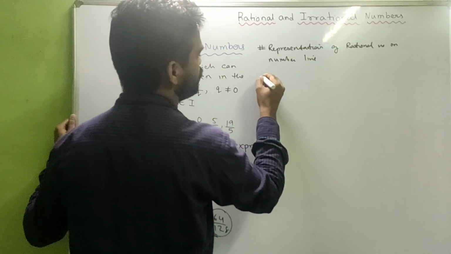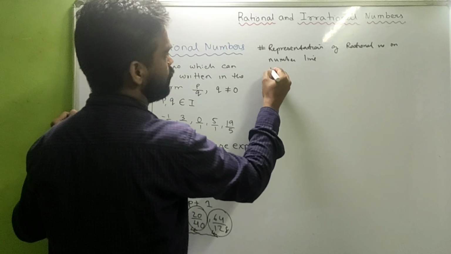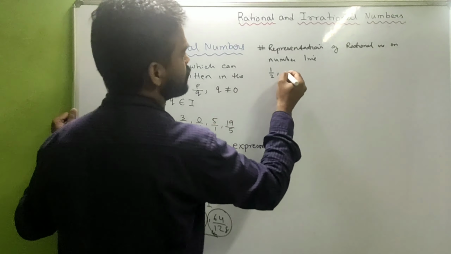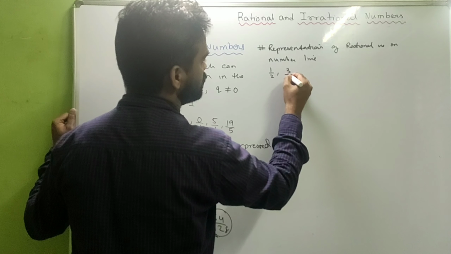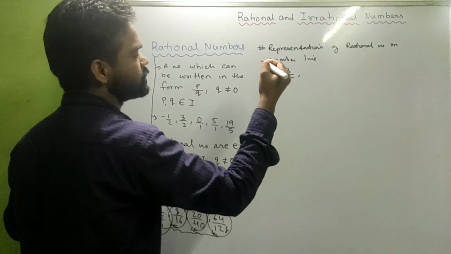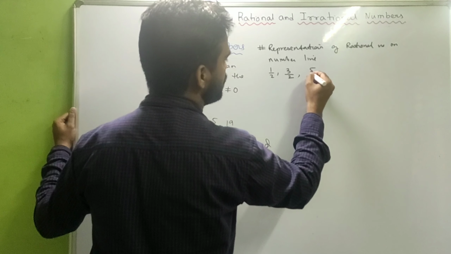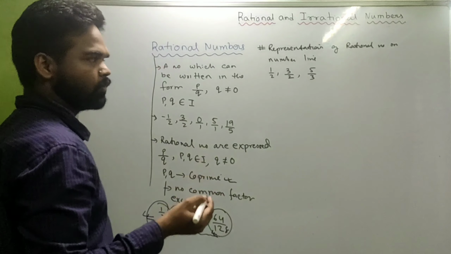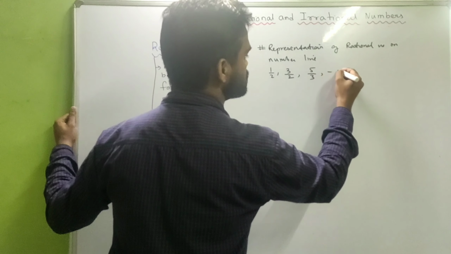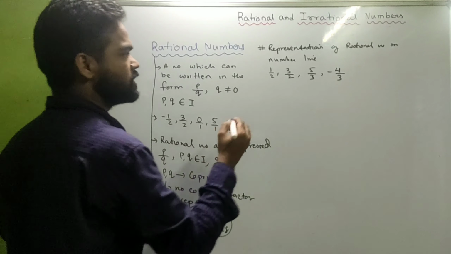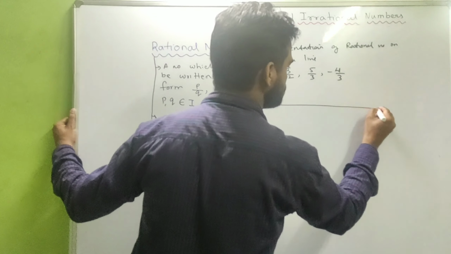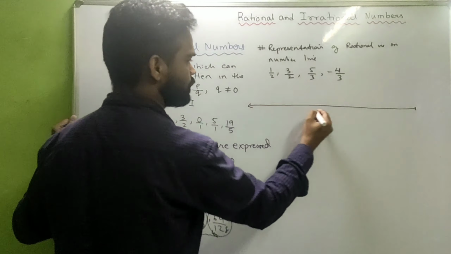I'll show you a few examples. Suppose 1 by 2, or suppose 3 by 2, suppose 5 by 3, suppose minus 4 by 3. How to represent these numbers? We know. I'll draw a number line.